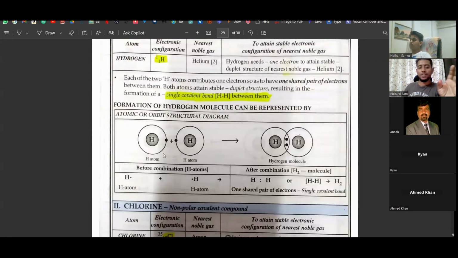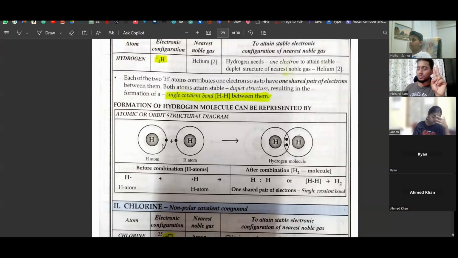What is the structure of hydrogen? This is the orbit diagram. You can see the full structure, right? So there's only one orbit, and that one orbit has one electron. Now, hydrogen needs 2 electrons. So what does it do? It needs 1 electron. So if it finds another hydrogen, it cannot take that electron from hydrogen. If it takes it, that other hydrogen will not have any electron.